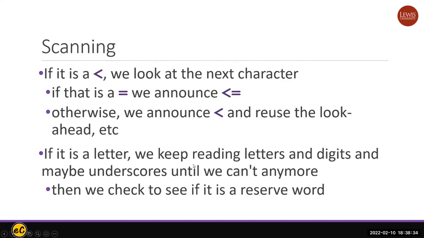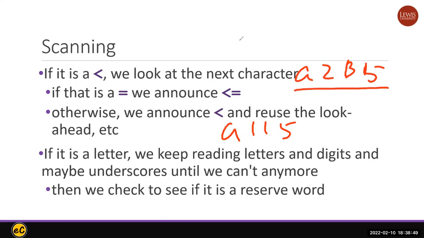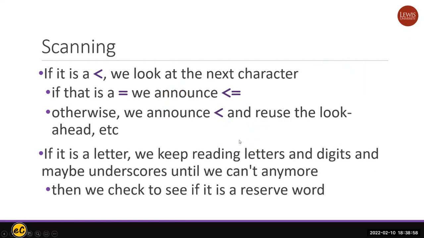If it is a letter, we keep reading letters, digits, and maybe underscores until we can't anymore. So when we see a letter, it can be A115 or A2B4. These are symbols. But if we have 2A, apparently that is wrong. So here we need to see the look ahead and determine the token.